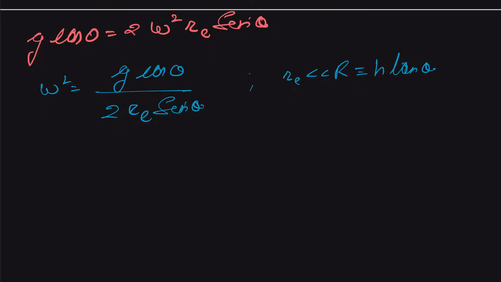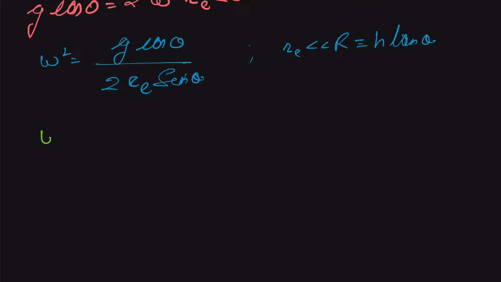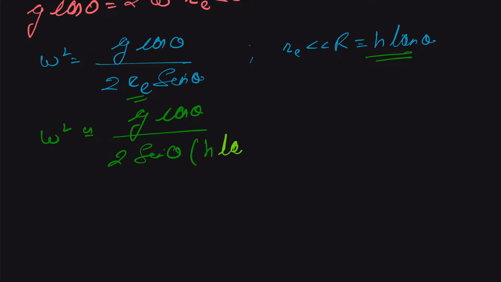So we can write that omega square is approximately equal to g cos of theta over 2 sine of theta, and in place of Re we can simply put h tan of theta, and h tan of theta will be equal to sine upon cos.